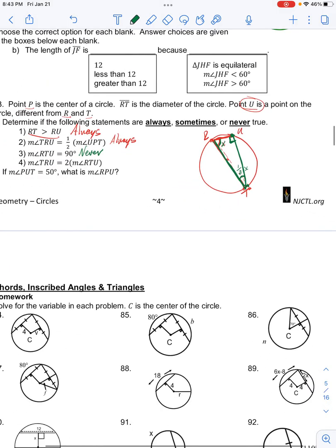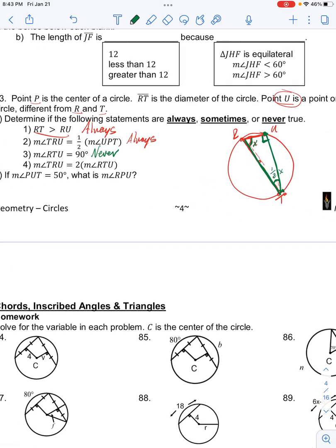Certainly if x is equal to 60 degrees, then this angle would have to be 30 degrees. But let's say that U was closer to somewhere between the 2 points, and this angle would be 45 degrees. Then this angle would also be 45 degrees in order to get the sum to 180. So this is sometimes true. It doesn't work out for every case.